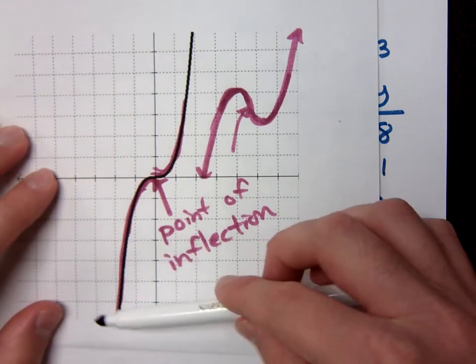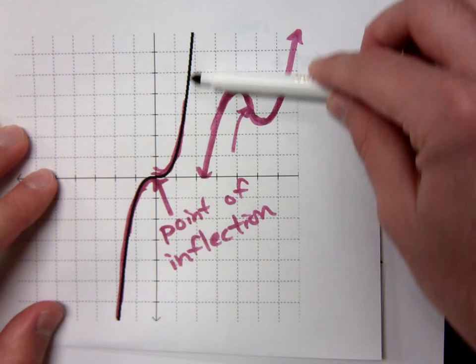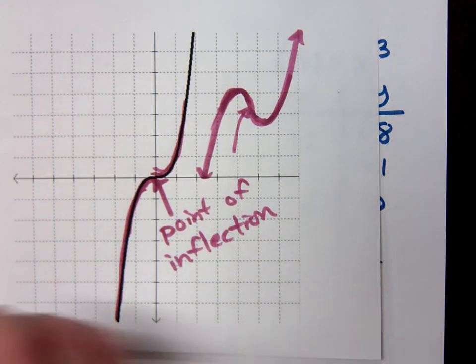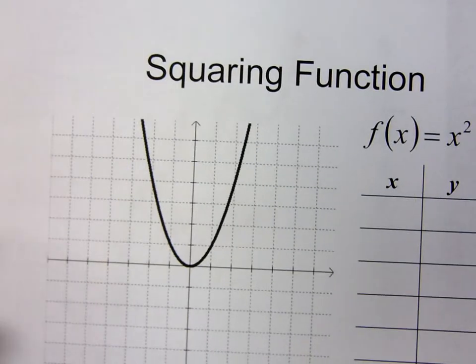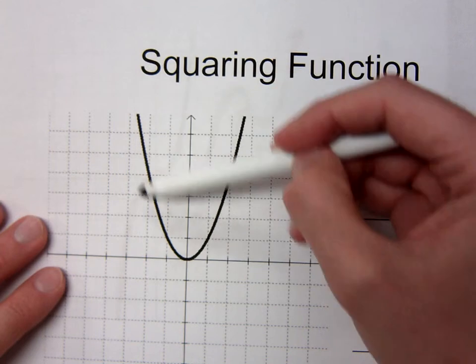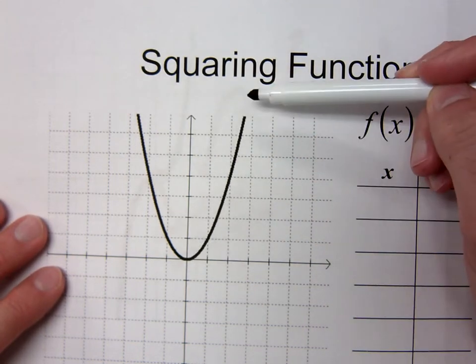But notice for this whole function, you are increasing the whole way, right? This guy's always increasing. If you go back and look at the squaring function, was the squaring function always increasing? He was decreasing, and then he was increasing, right?